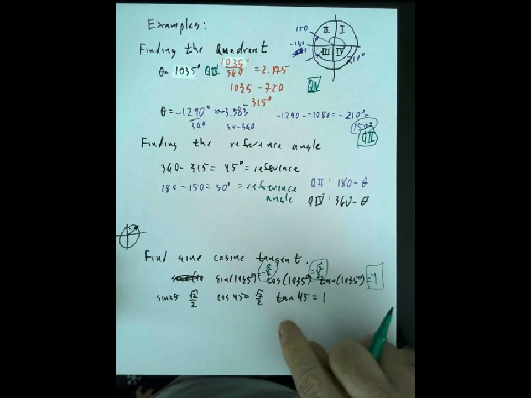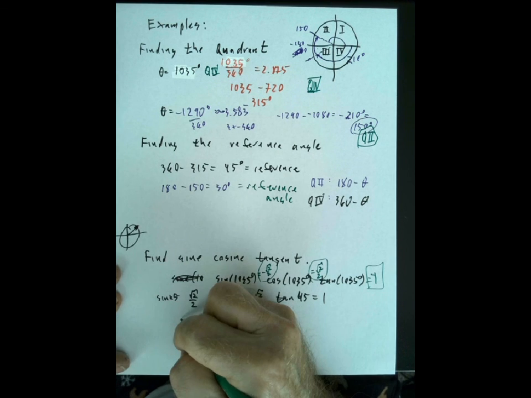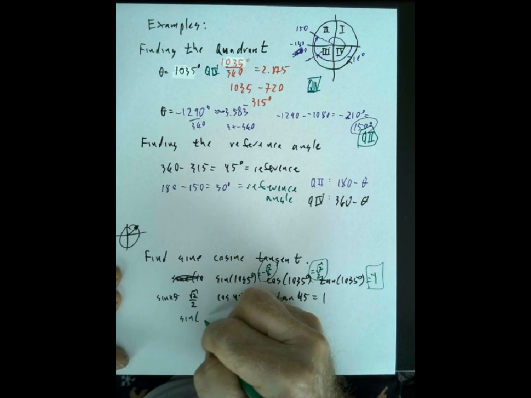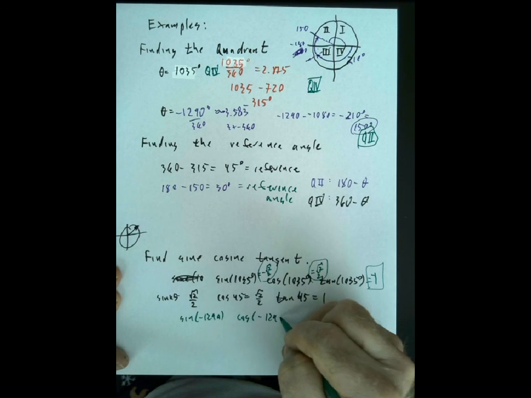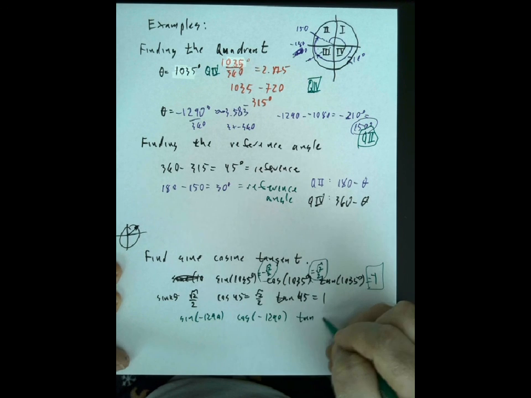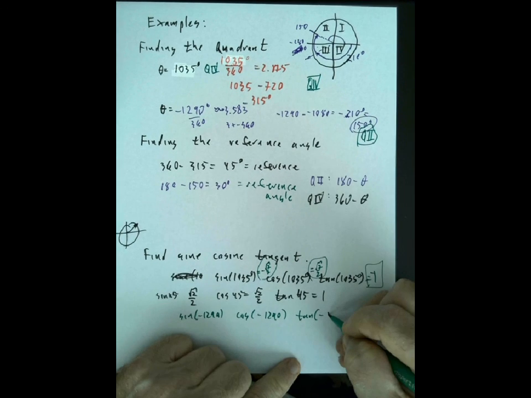And then what's the sine, the cosine, and the tangent? So what's the sine of negative 1290? What's the cosine of negative 1290? And what's the tangent of negative 1290?